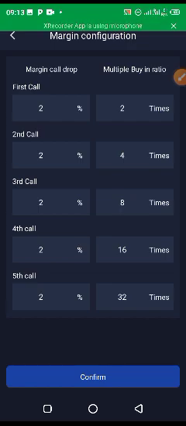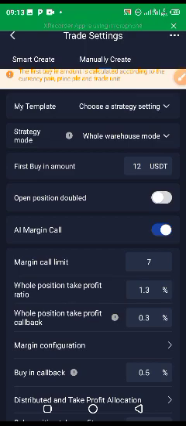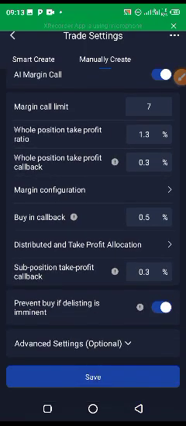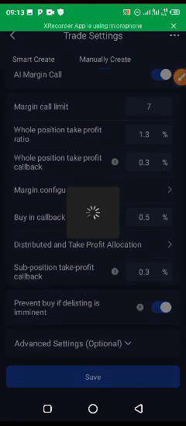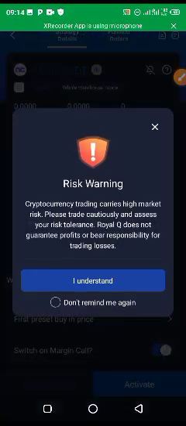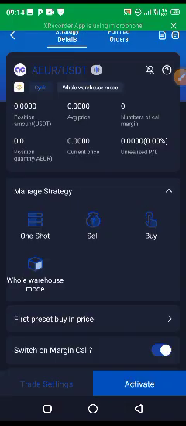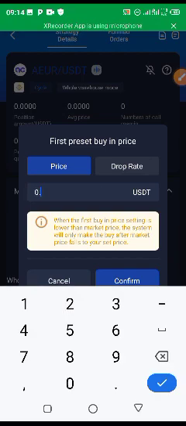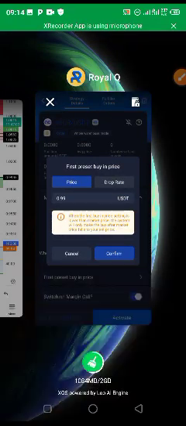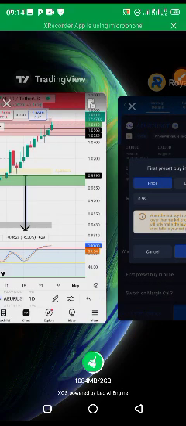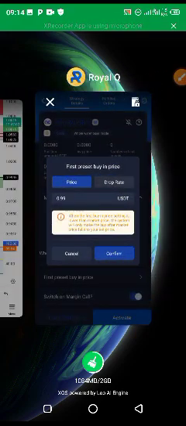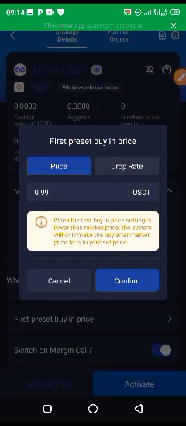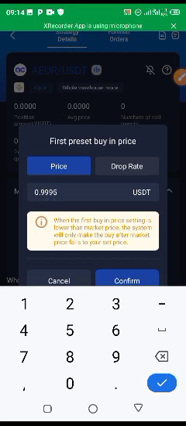You confirm, and now you save. After saving, confirm, say I understand, come to the first preset. You put the price there, 0.9995.